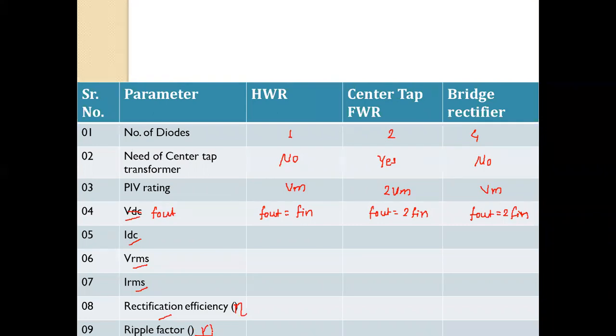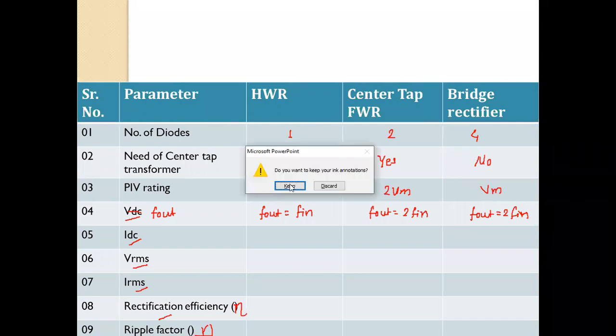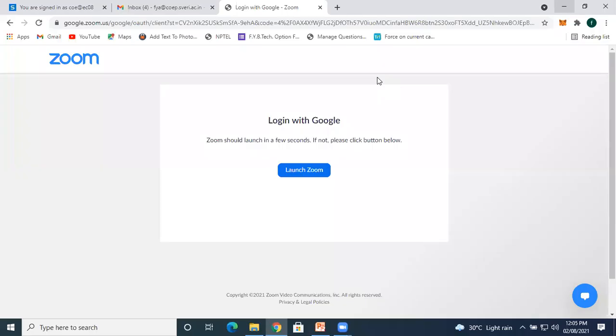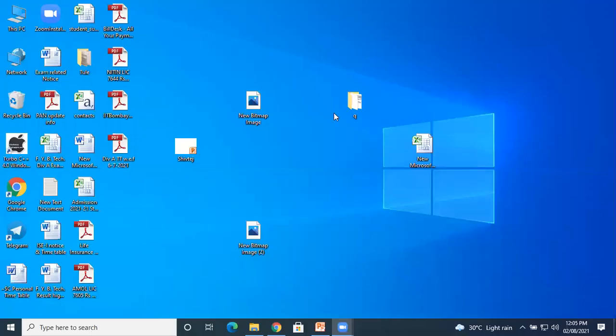Certain derivations are there, but for your syllabus that derivation part is not included, so I can show the values directly, because these values are required for the MCQ type of question. So let me take another slide, so that you can directly take the screenshot of it.